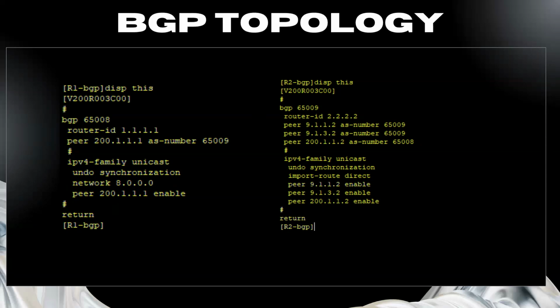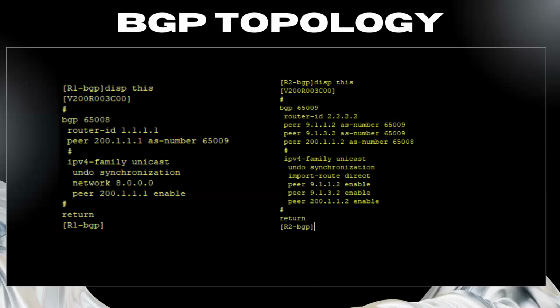And then this IPv4 family unicast is used to advertise the IP address to the other router, which in this case is R2.